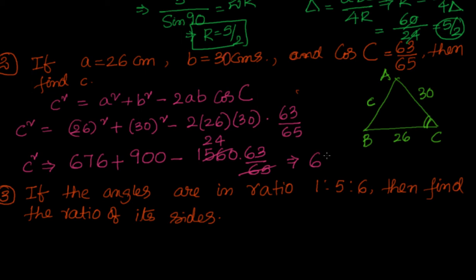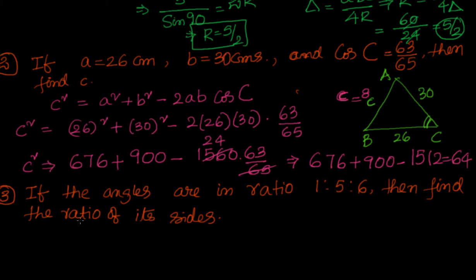So this becomes 676 plus 900 minus 1512, which is nothing but equal to 64. So therefore C is equal to square root of 64, that's nothing but equal to 8.